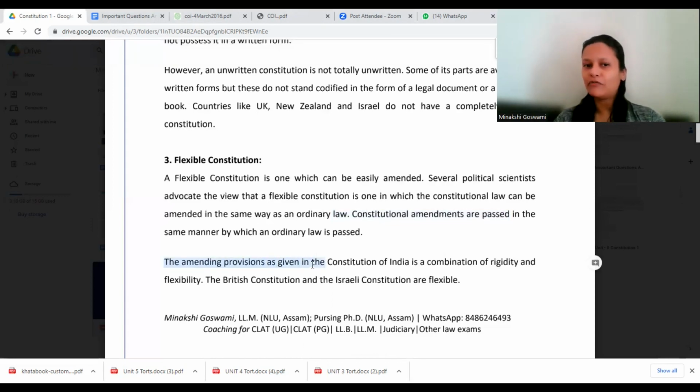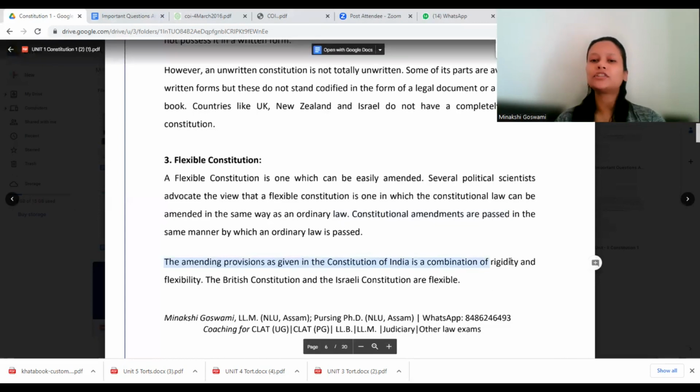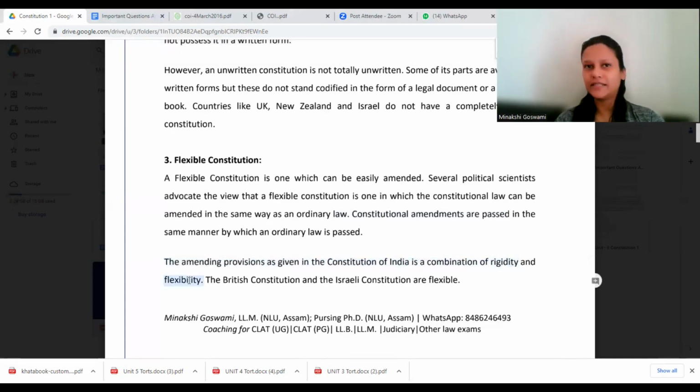The amending provisions as given in the Indian Constitution are a combination of both rigidity and flexibility. That's why we say rigidity and flexibility is a feature of the Indian Constitution, because we don't have one single procedure of making changes in the constitution, but rather we have three different processes.